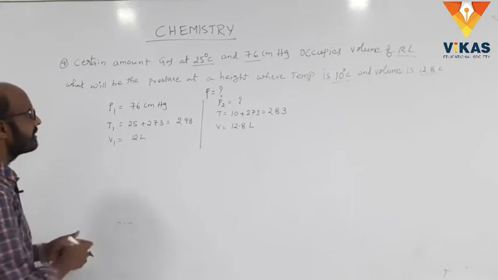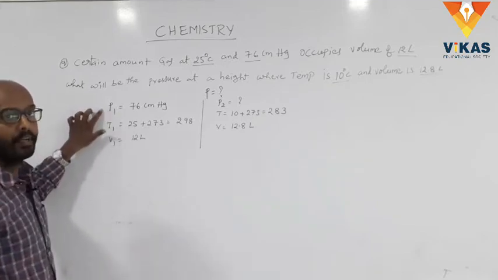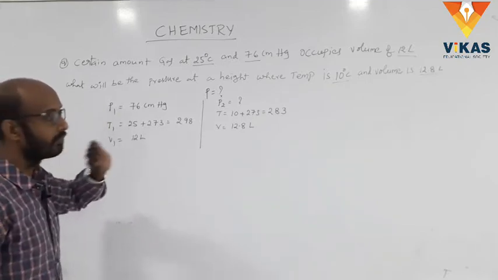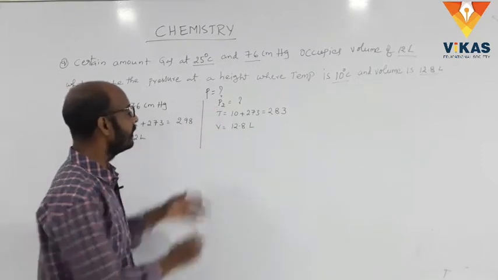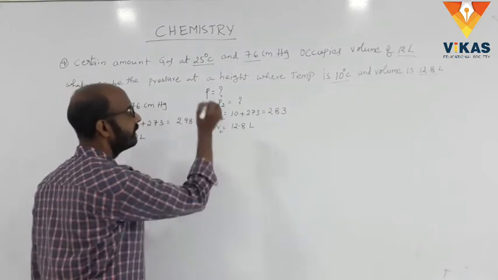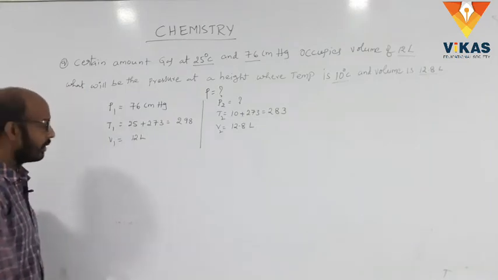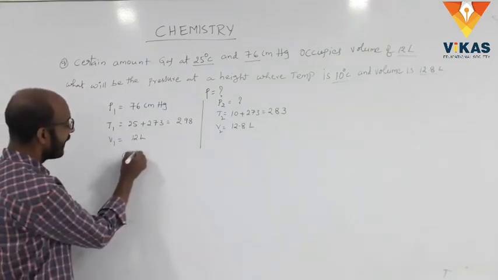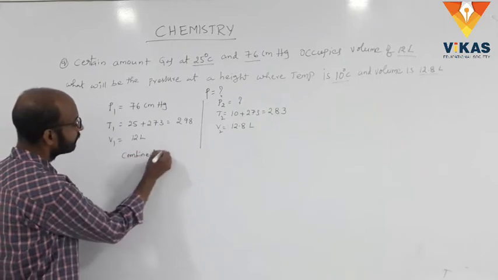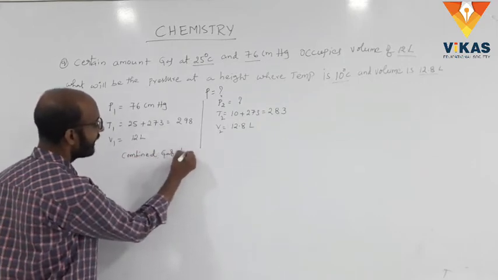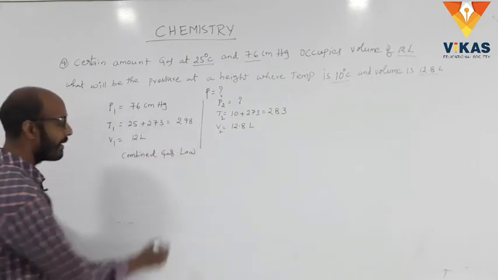Based on the points here we know the P1, V1, T1 and here the P2 V2 T2. So we find out the pressure P2, based on the combined gas law. What is the combined gas law?